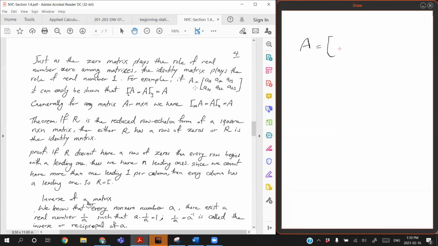For example, if you have this matrix, which is a 2 by 3 matrix, let's say A is A1,1, A1,2, A1,3, A2,1, A2,2, A2,3.